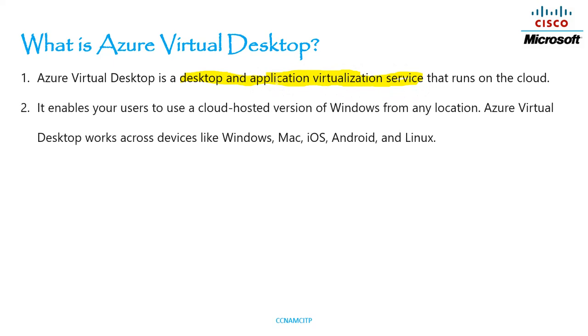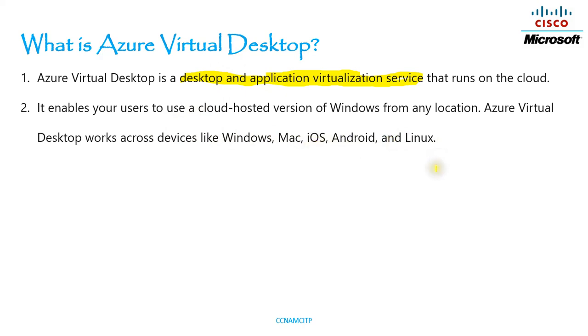Let's see the next one. It enables your user to use a cloud hosted version of Windows from any location. So wherever your user is, he can access a cloud hosted version of Windows. Okay, and Azure Virtual Desktop works across devices like Windows, Mac, iOS, Android, and Linux.